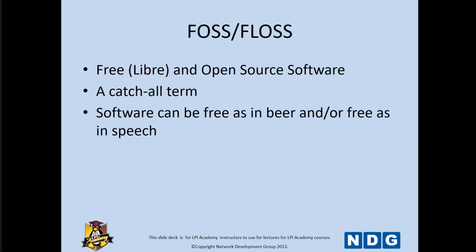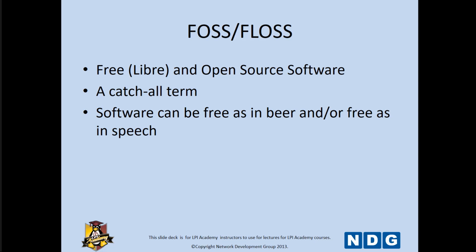Free, like libre, or open source software are more catch-all terming phrases. For example, software can be free as in beer and/or free as in speech. Basically, we have a right to free speech.